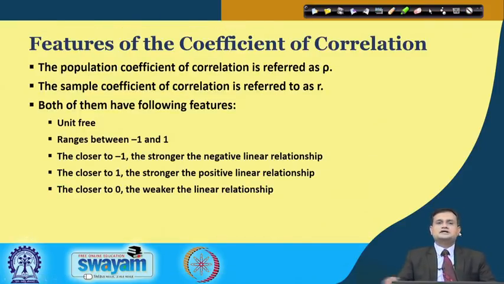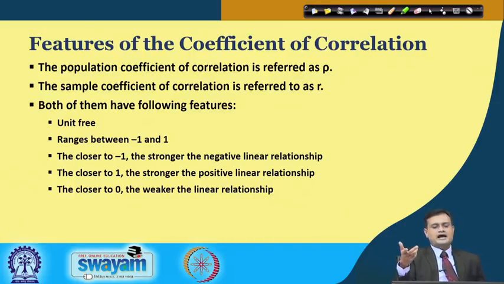I have the relationship between two variables which is predicted using the R, sometimes also called rho. So, you can have for the population coefficient of correlation as rho, and for the sample you can use R. These are the standard nomenclatures.